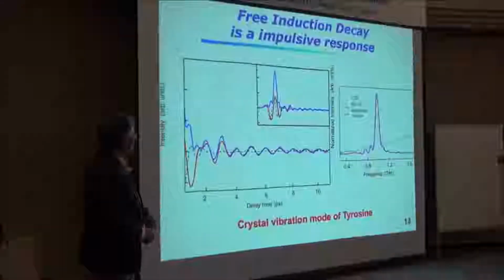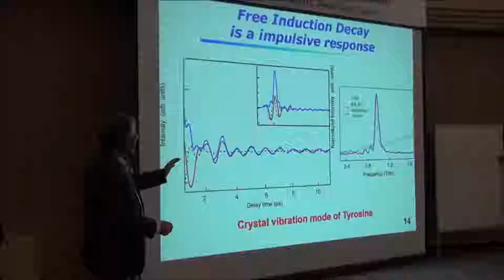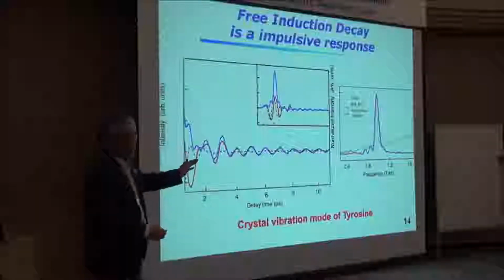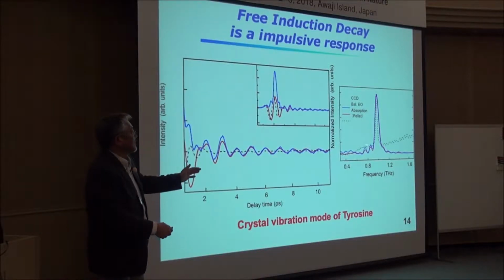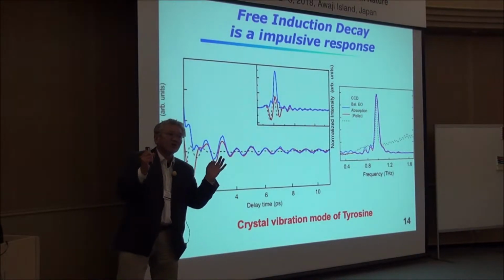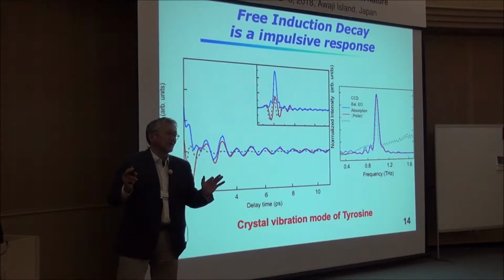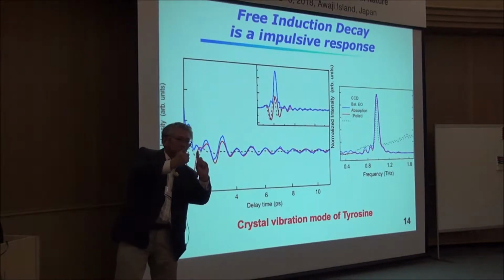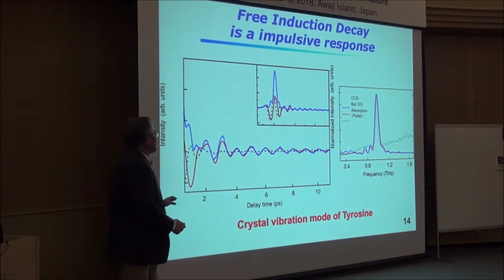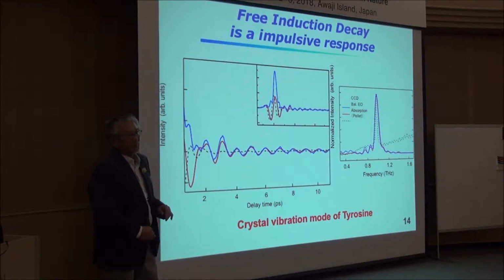So actually, we measure this ringing pattern in the time domain and make a Fourier transformation, and we have a spectrum. This really matches the optical modes of the tyrosine crystal. It's the molecule-to-molecule vibration mode of tyrosine, and very precisely we can determine the spectrum like this.